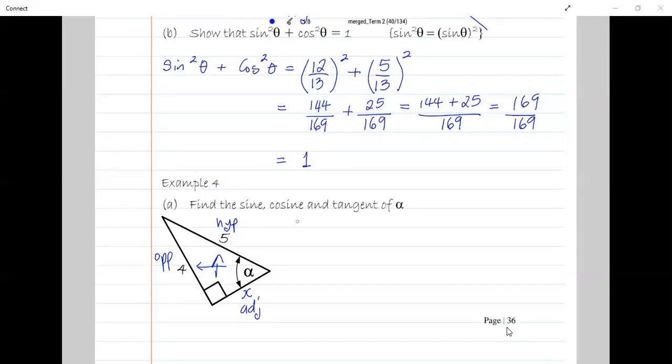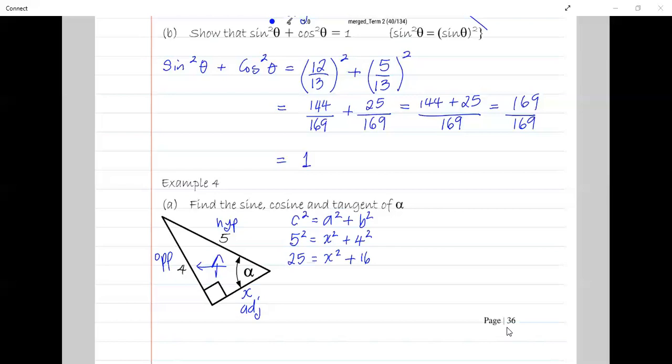Now, the Pythagoras Theorem formula is c squared is equal to a squared plus b squared. c is the hypotenuse, which is 5. So 5 squared is equal to x squared plus 4 squared. This is 25 is equal to x squared plus 16.